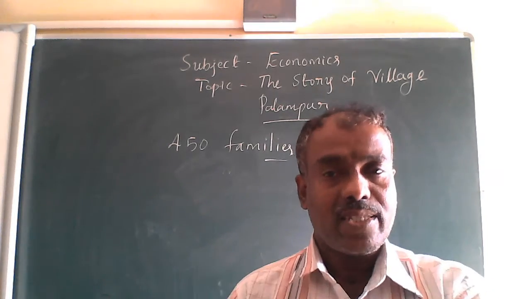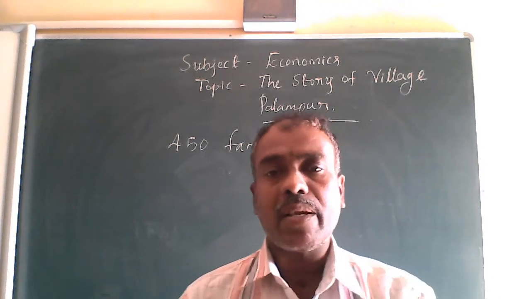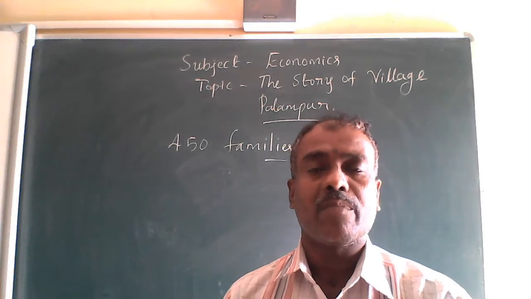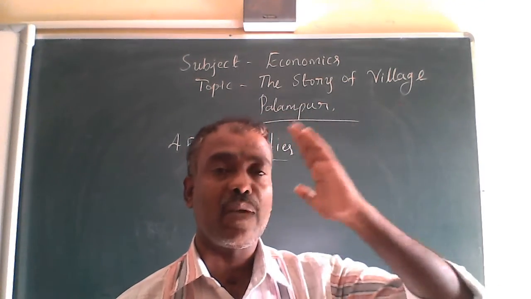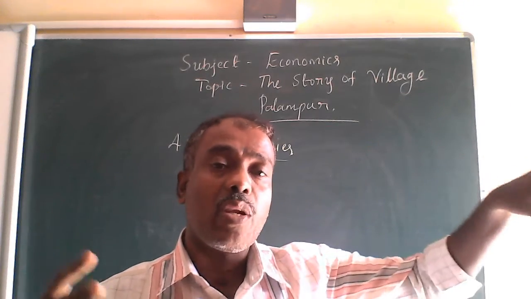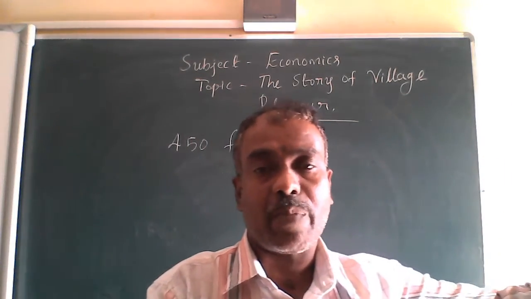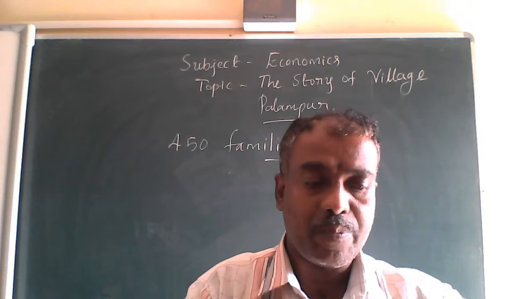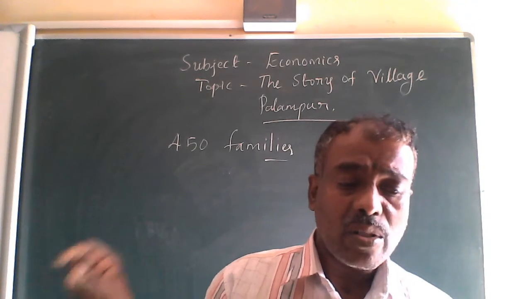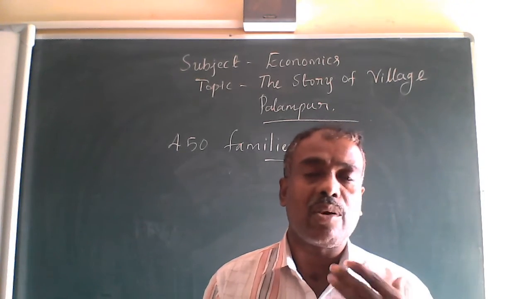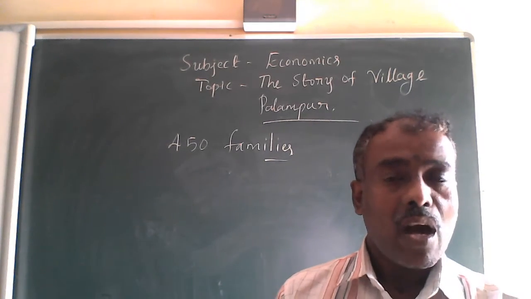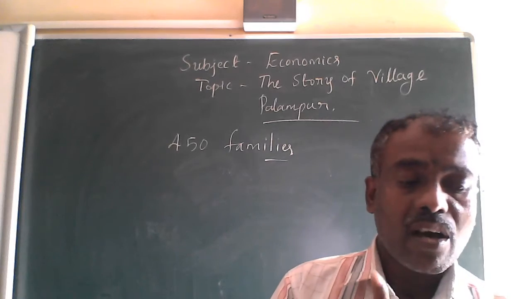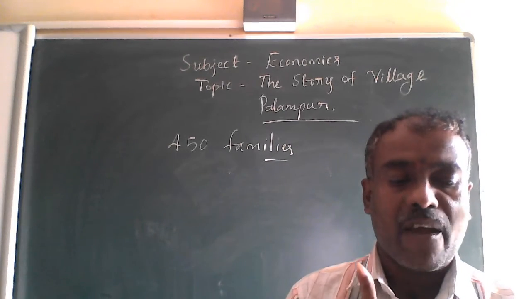Because this is a village, and even in urban areas till today, we cannot see any town or village where only one community, one religion, or one caste of people live, no. So all these 450 families belong to different castes, and out of 450, there are 80 upper caste families.